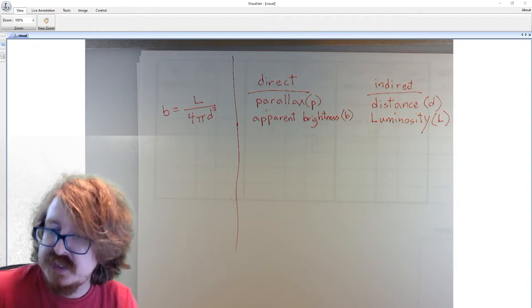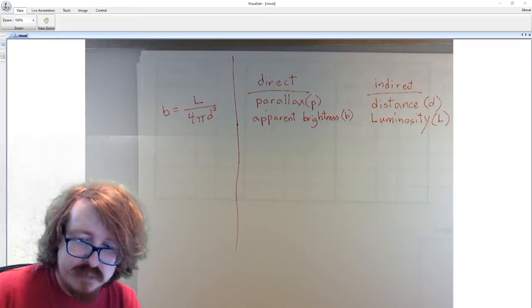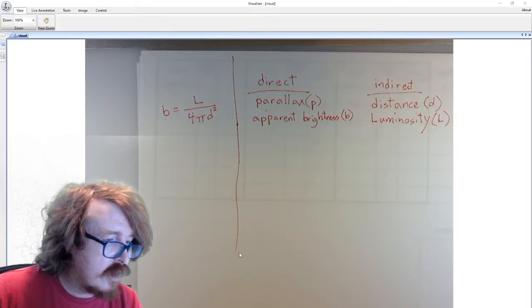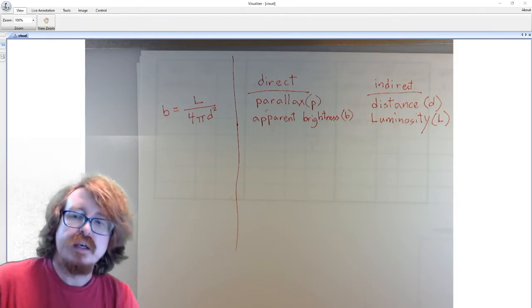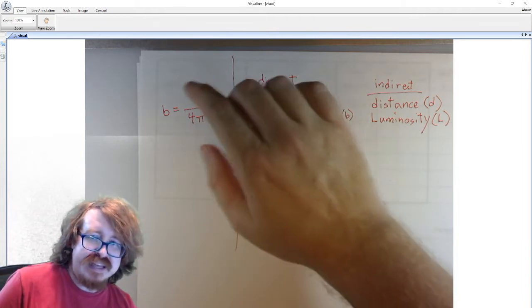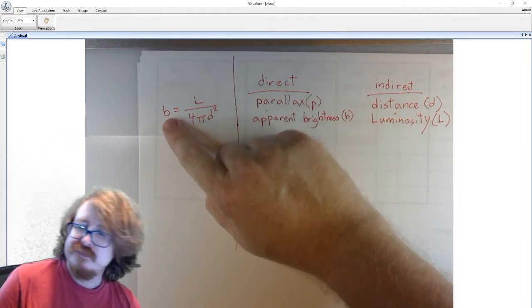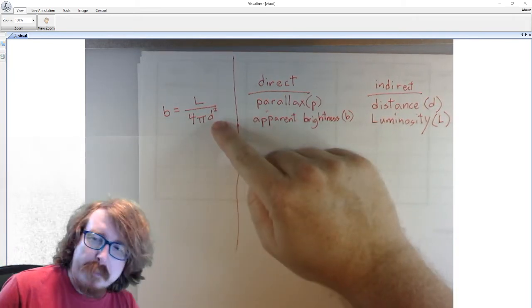It increases. So one thing this equation is saying is that if we increase the luminosity, it's going to look brighter, which is what we said before, okay? But distance is in the bottom part.